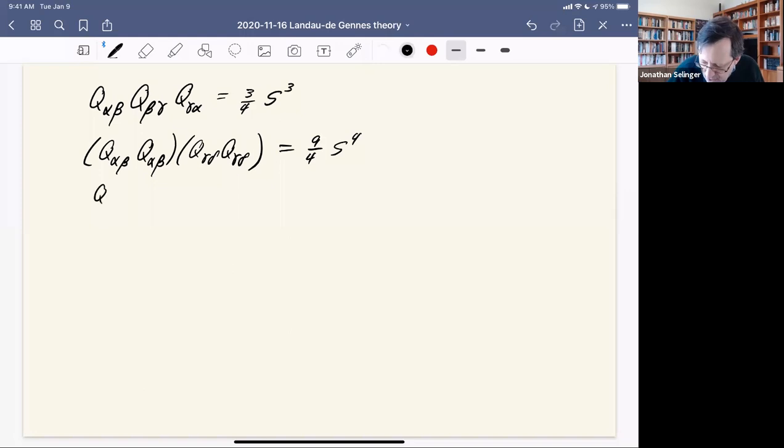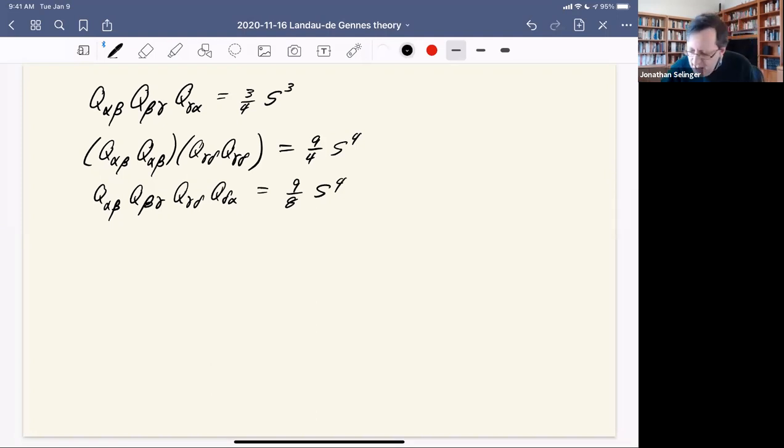And for contracting the indices like this, Q alpha beta, Q beta gamma, Q gamma delta, Q delta alpha, this all comes out to be 9/8 s to the 4th.